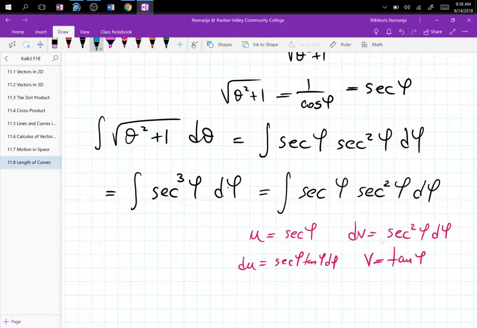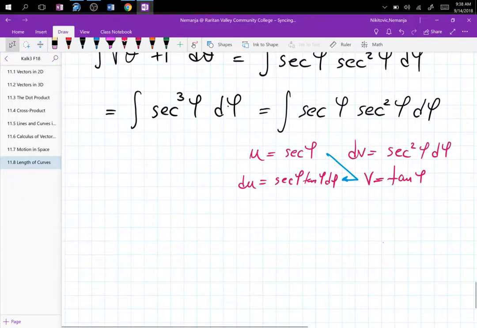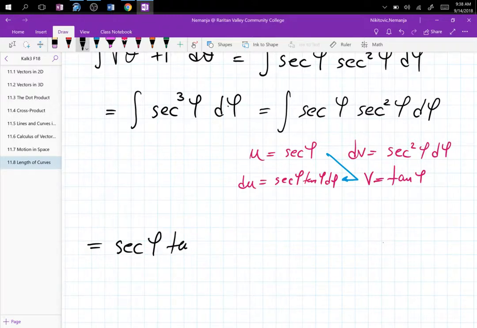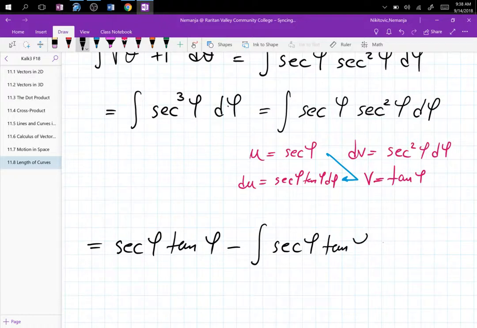And now we put our arrow for integration by parts to get secant phi tangent phi minus the integral of secant phi tangent phi d phi.